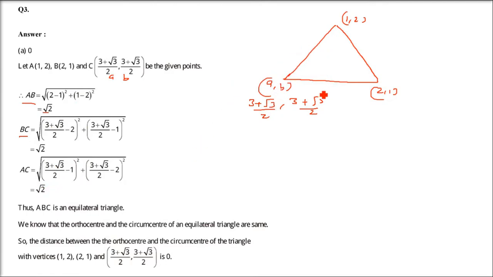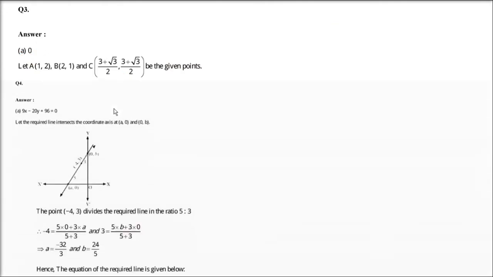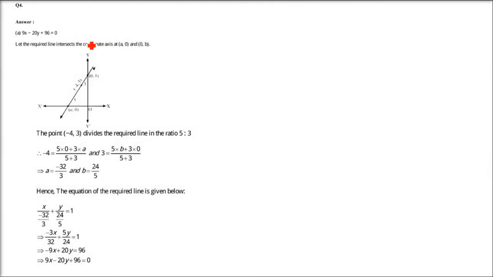That means we are dealing with an equilateral triangle. And in an equilateral triangle, the orthocenter and circumcenter coincide. So what is the distance between these two? They are the same. So the distance between them is equal to 0. The answer is going to be 0.